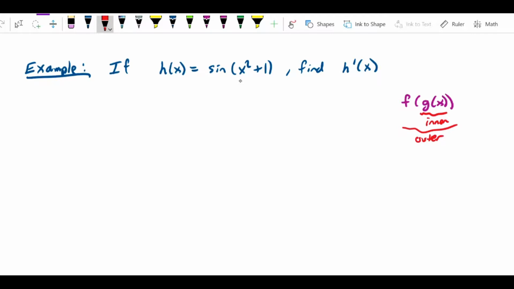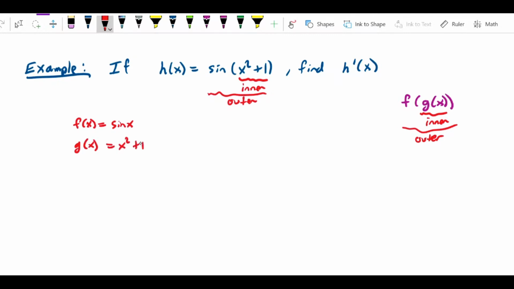So what you can see here is that what we have is inside we have x squared plus 1 being inner, and sine x is the outer function. So if I had to write sine of x squared plus 1 in the form of f of g of x, what I would say is that f of x equals sine x and g of x is equal to x squared plus 1.